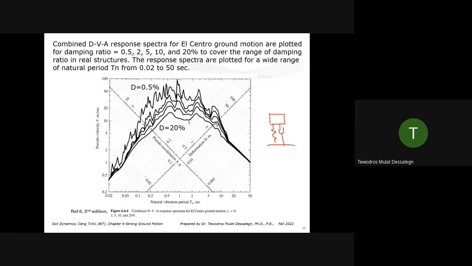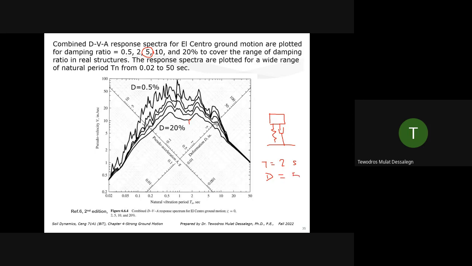The way you get the value is the same. Let's say, in our most common case, 5%. For 5% damping, let's say we have a structure with a period of 2 seconds, and a damping ratio of 5%.